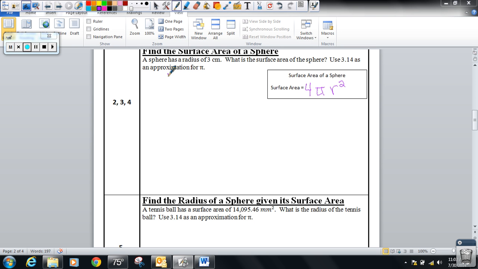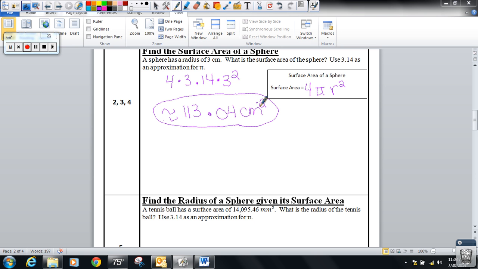So the surface area here is 4 times 3.14 times the radius, which is 3 squared. So my surface area is going to be approximately, and it doesn't tell me what to round to, so I'm not going to round it. I already rounded the 3.14, so I get 113.04 centimeters squared. Since it's area, it's that squared units.